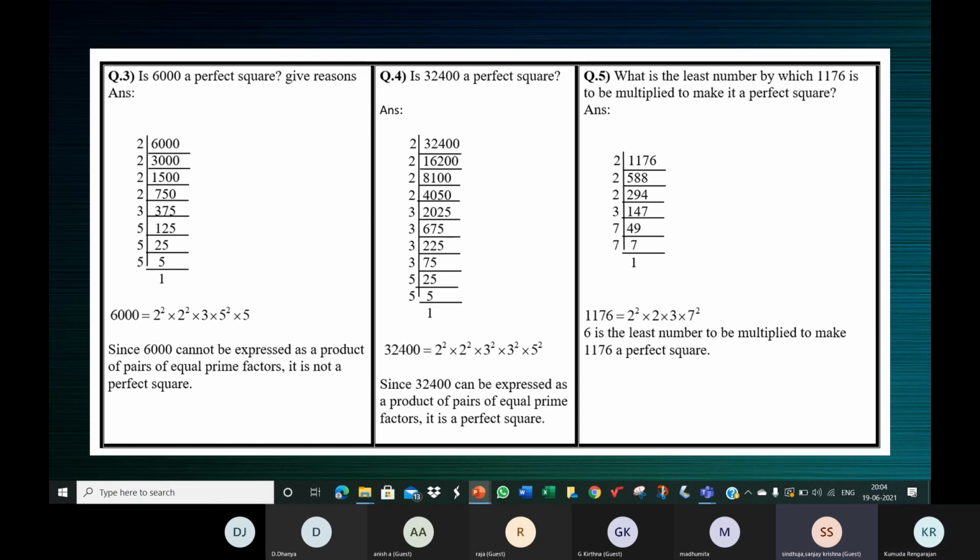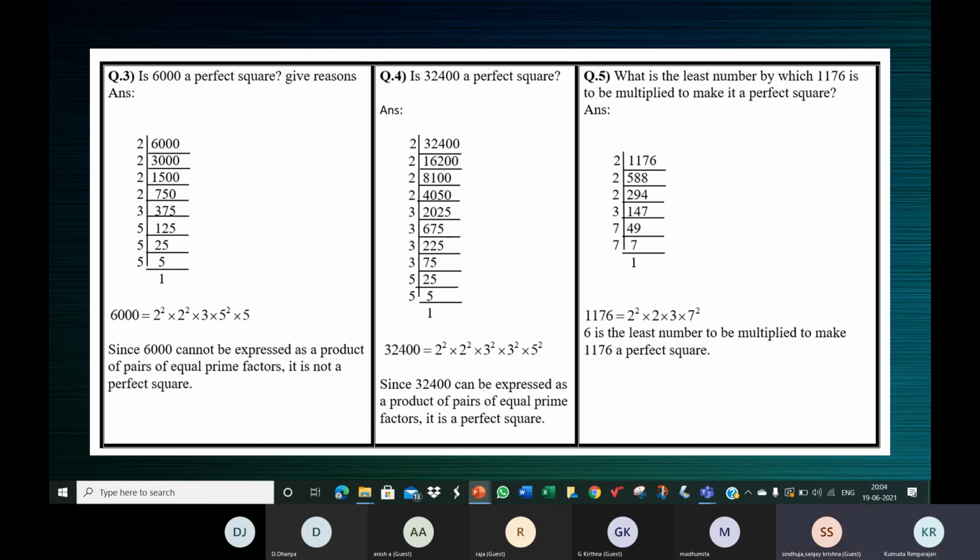I'll help you. 21,175 can be expressed as 5 square into 7 into 11 square. This is how we would express that.